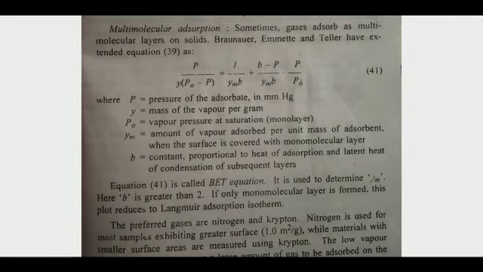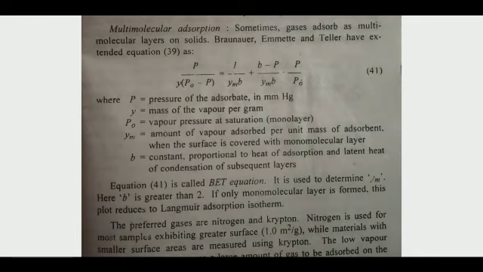It is proportional to heat of adsorption and latent heat of condensation at subsequent layers. The above equation is called the BET equation. It is used to determine the ym values where b is greater than 2 if only a monomolecular layer is formed. This plot reduces to the Langmuir adsorption isotherm.